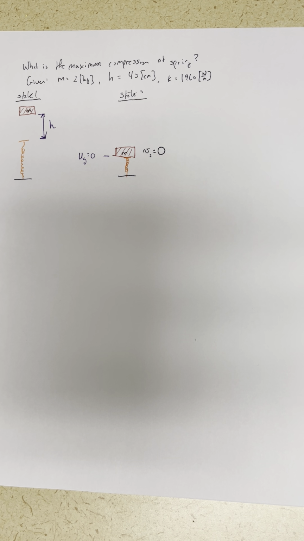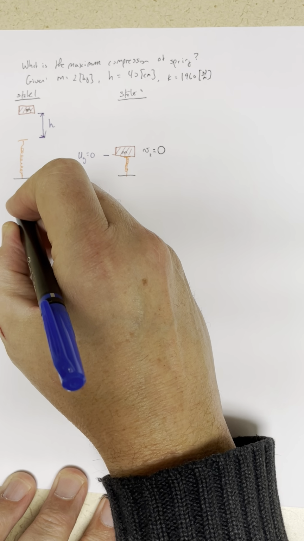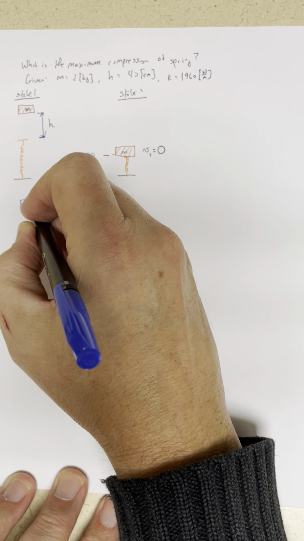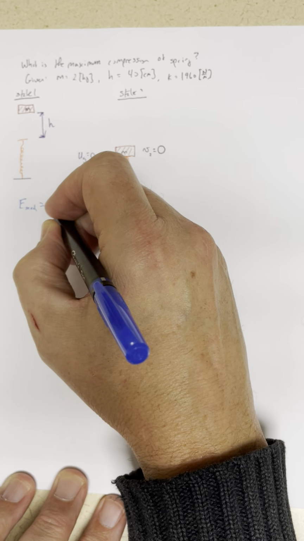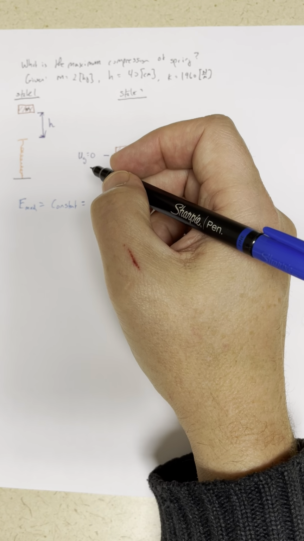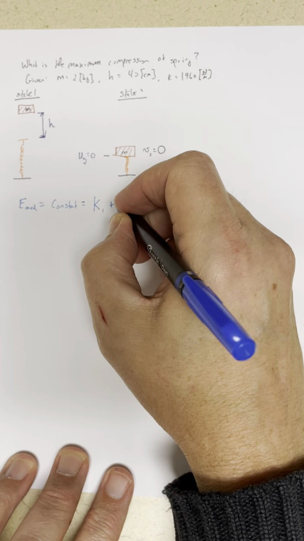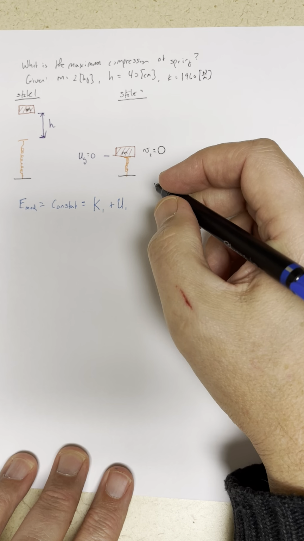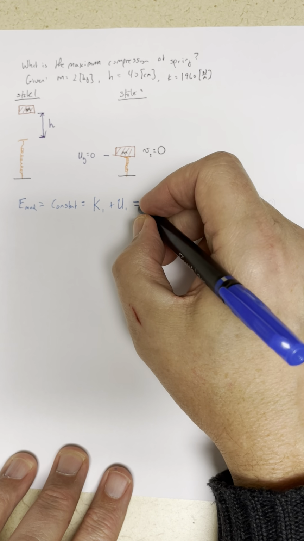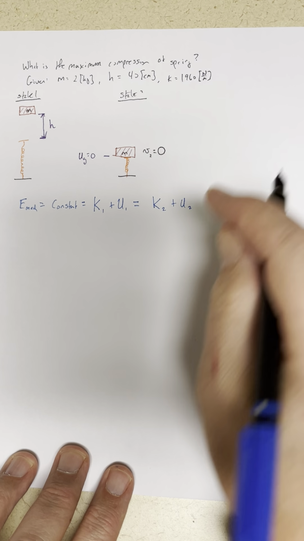So conservation of mechanical energy is going to tell us that the total energy is equal to some constant, and that is the initial kinetic plus potential and the final kinetic plus potential.